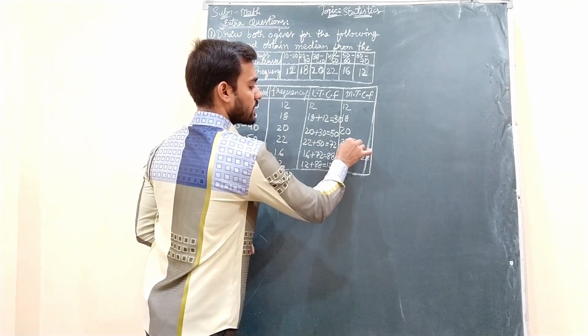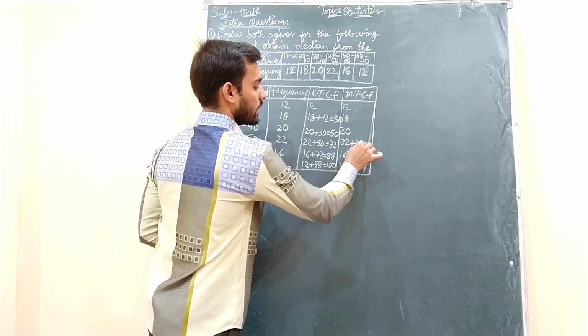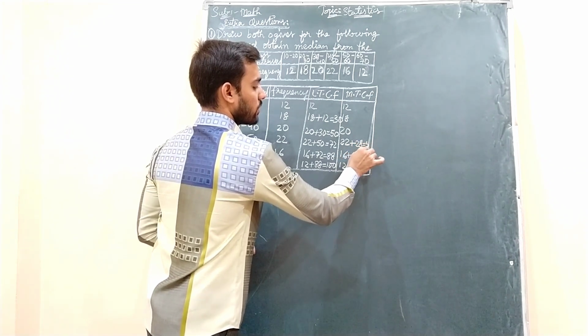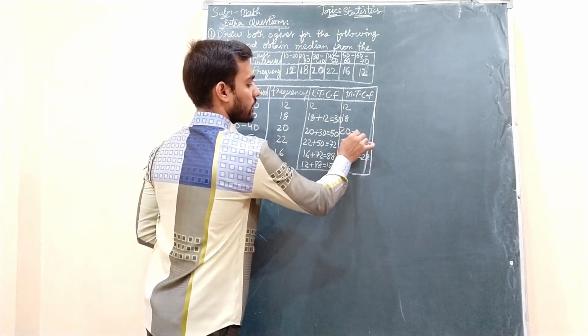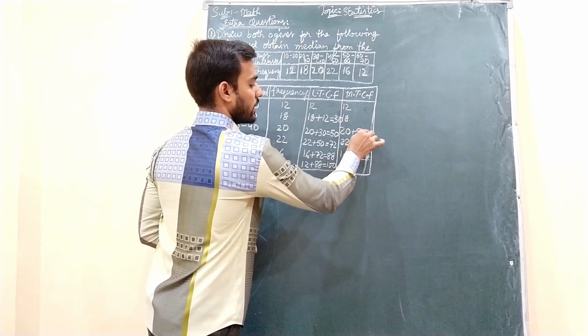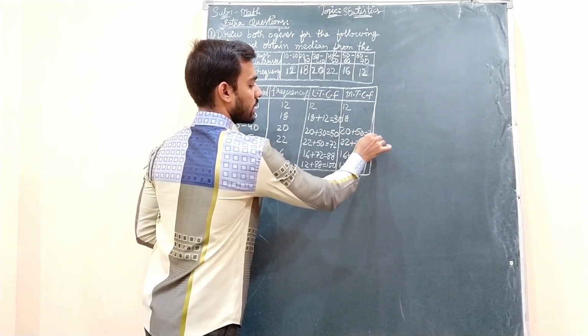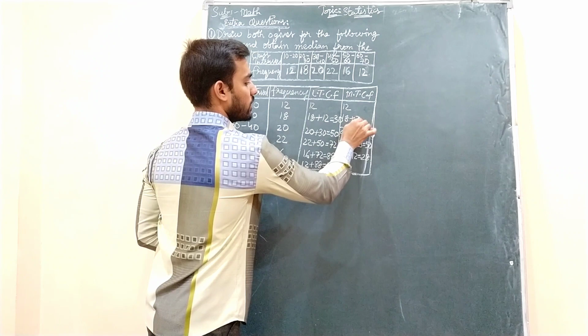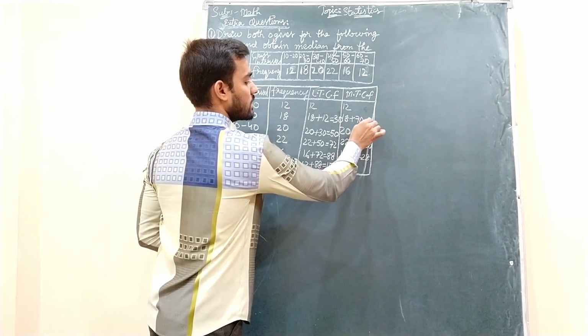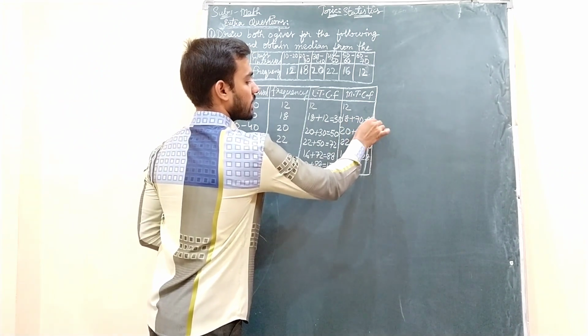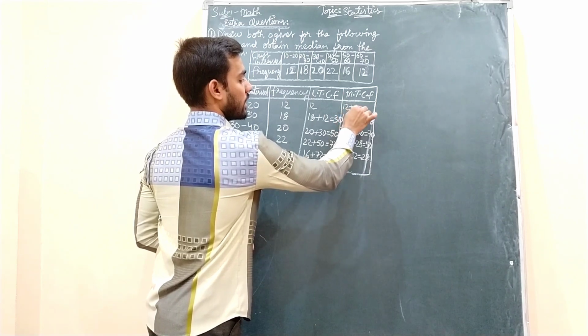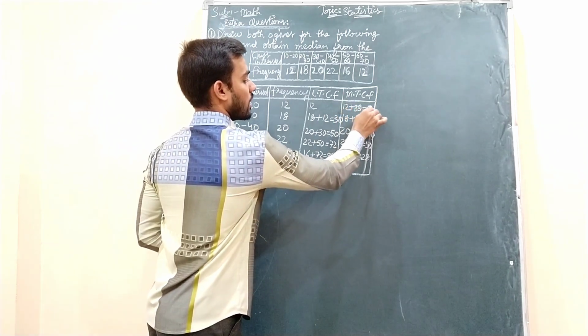Now this 28 gets added over here. 22 plus 28 gives you 50. Then this 50 is added to this one. 20 plus 50 is 70. Then this 70 gets added over here. 70 plus 18 is 88. And then this 12 plus 88 gives you 100.